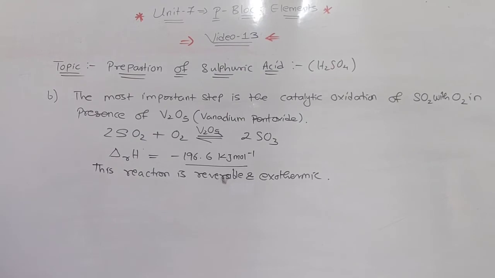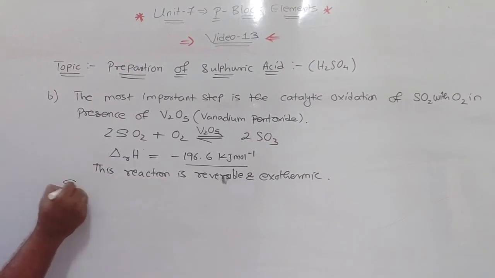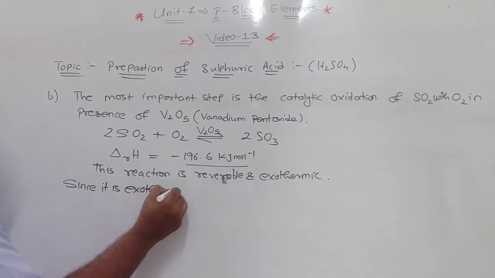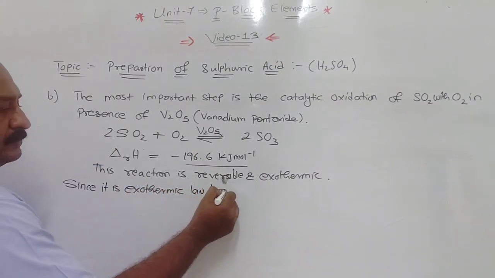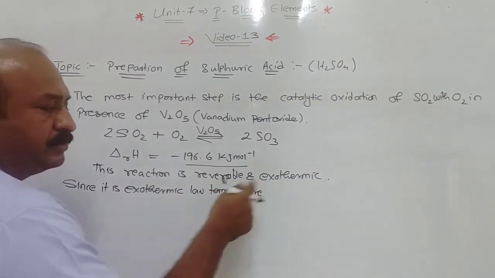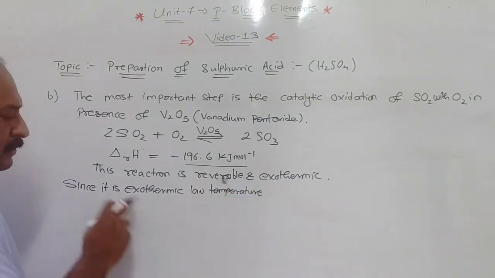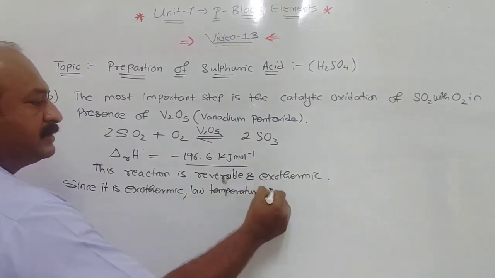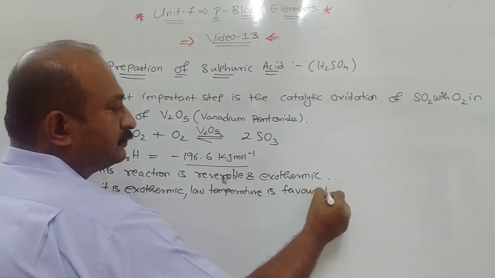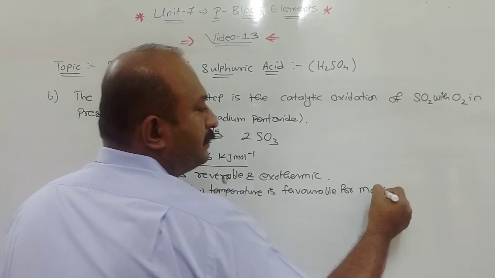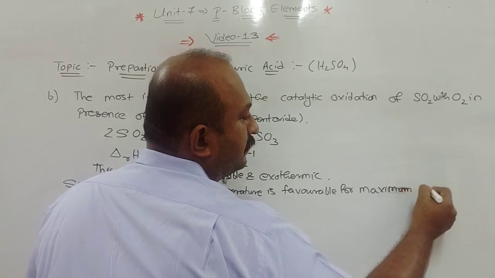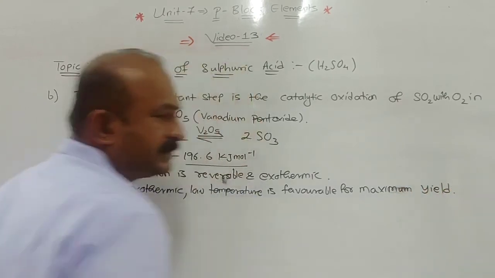Since it is exothermic, low temperature is favorable for maximum yield, because in an exothermic reaction we don't heat the mixture more. Clear? Maximum yield means maximum production.